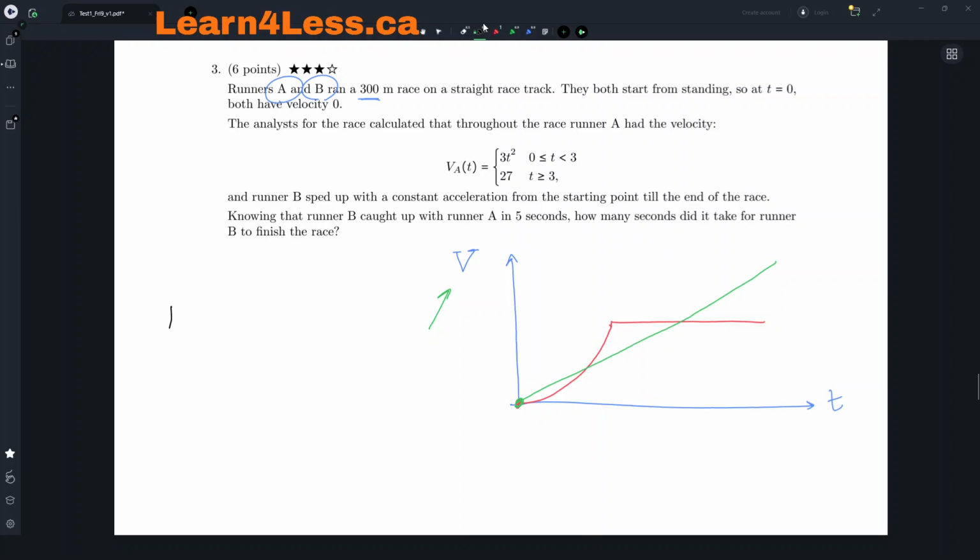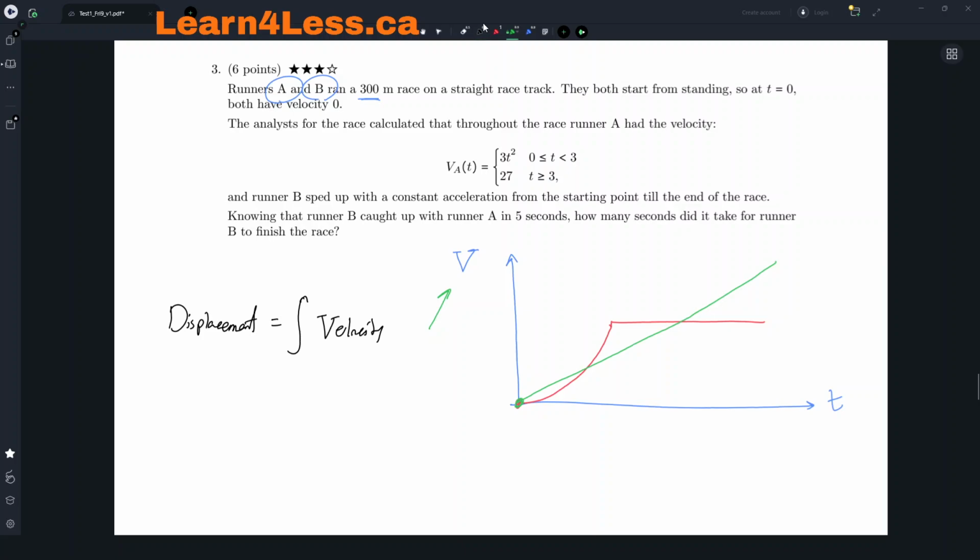What we know is that displacement is the integral of velocity. Basically, the area under these curves is the displacement of each runner.